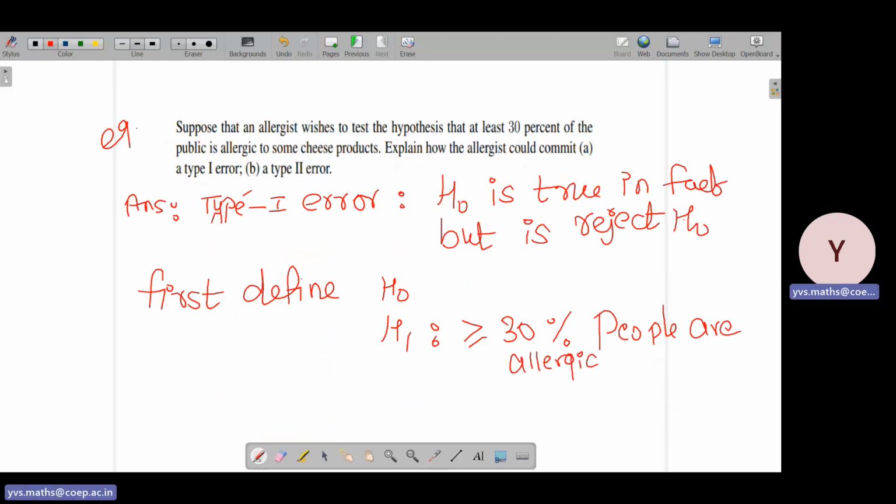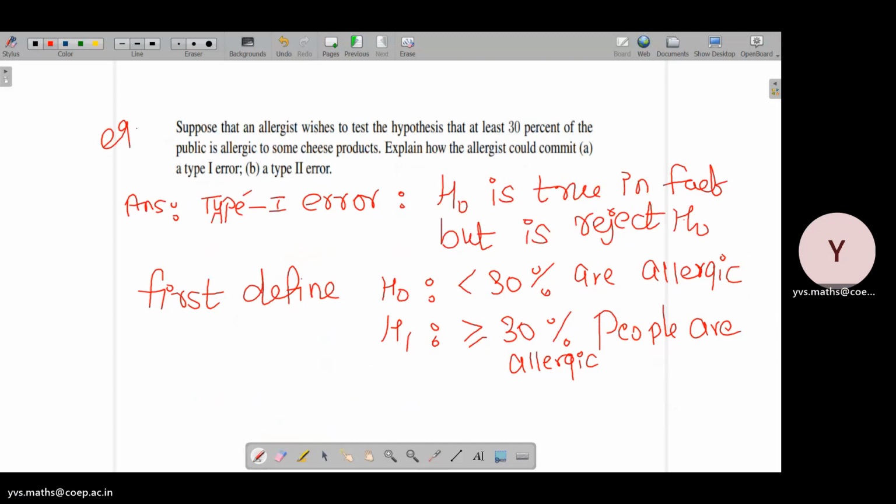This is your H1. And H0 is strictly less than 30% are allergic. Right. So this is your H0 and H1. Now you are rejecting H0, which means you are accepting H1.